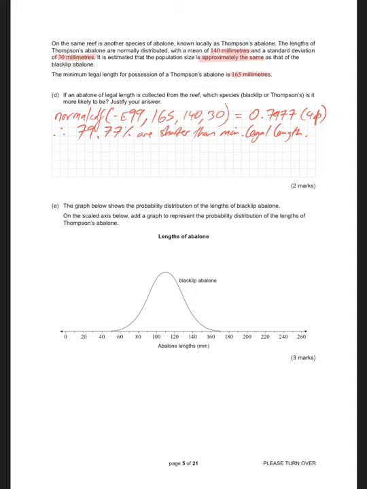So, which species is it more likely to be if an abalone of legal length is collected from the reef? Let me look in my calculator. Before, the proportion below minimum legal length was 84%, now it's 79.77%.